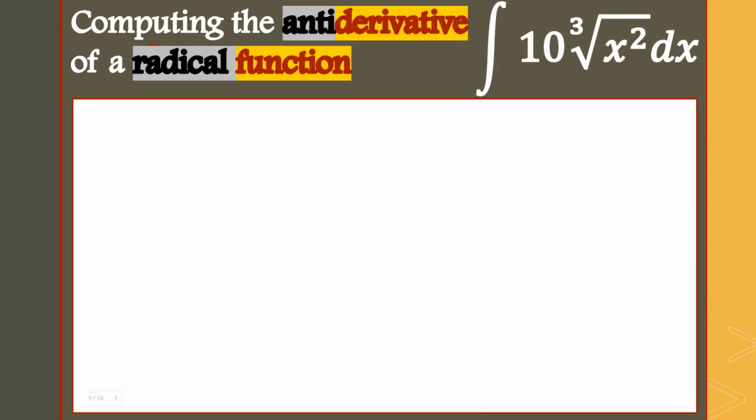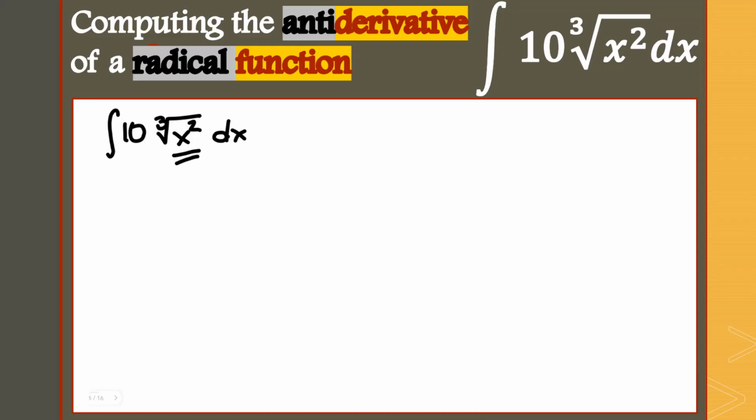We have the integral of 10 cube root of x squared dx. When you look at the radical expression, our radicand is a monomial expression, so this is possible under the power rule. But if it's no longer a monomial expression, let's say it's a binomial expression, there is another rule for that. We will be discussing that later as well.